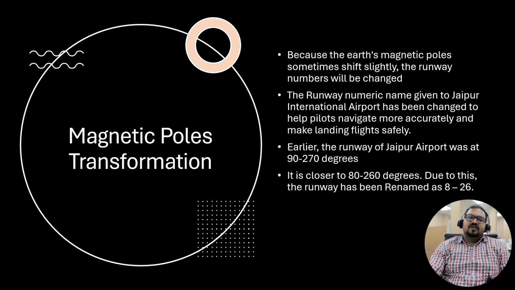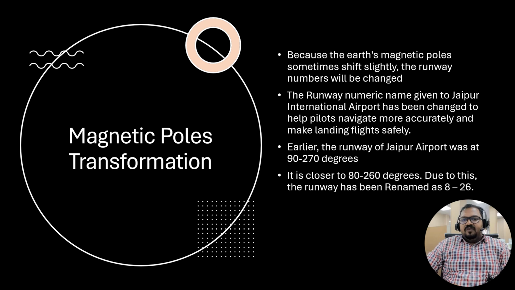Next, magnetic pole transformation. Many runways were placed many years ago, and they keep calling the same runway number, but due to magnetic pole transformation the heading sometimes shifts slightly.